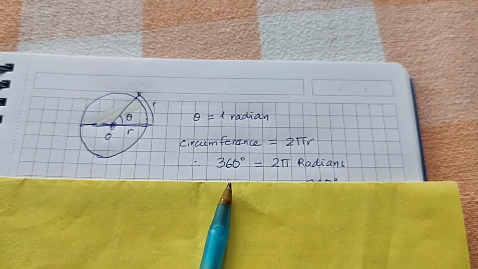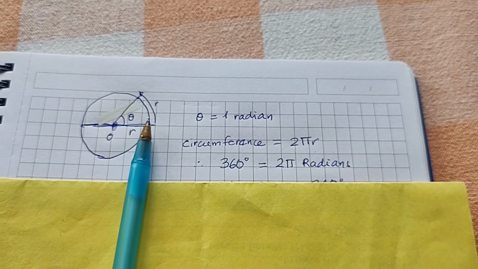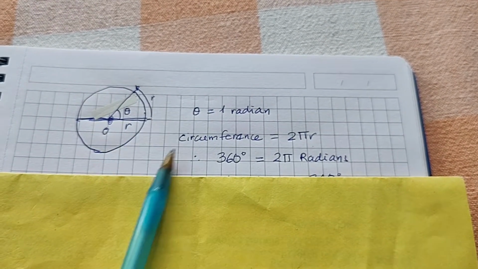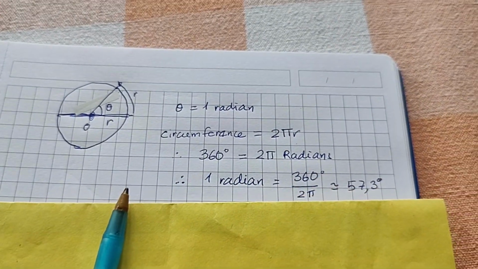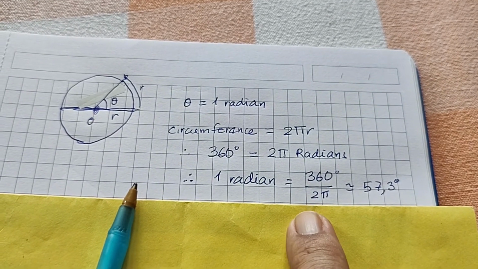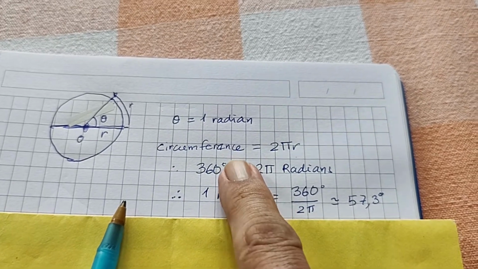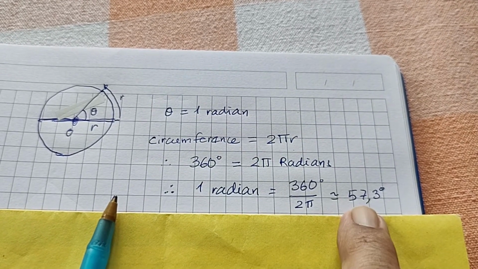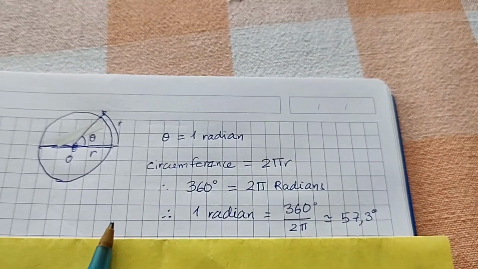So 360 degrees is equal to 2 pi radians, because for every length of r there, you have 1 radian. So basically, therefore, you can say 1 radian is equal to 360 divided by 2 pi, which is approximately 57.3 degrees. So this is the conversion factor to convert between degrees and radians. 1 radian is equal to 57.3 degrees.